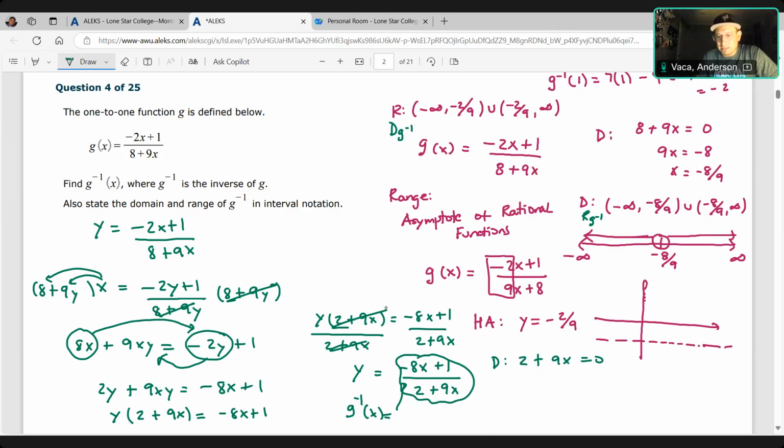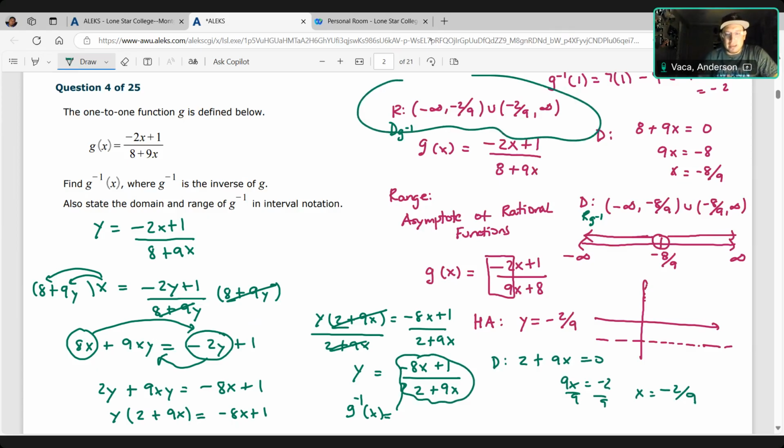So let's find out what that is. Divide by 9, we get x is equal to negative 2 over 9, which is what we already knew. And notice that in this case, the horizontal asymptote will be y equals negative 8 over 9, which agrees with what we had over here. So all of this makes sense.